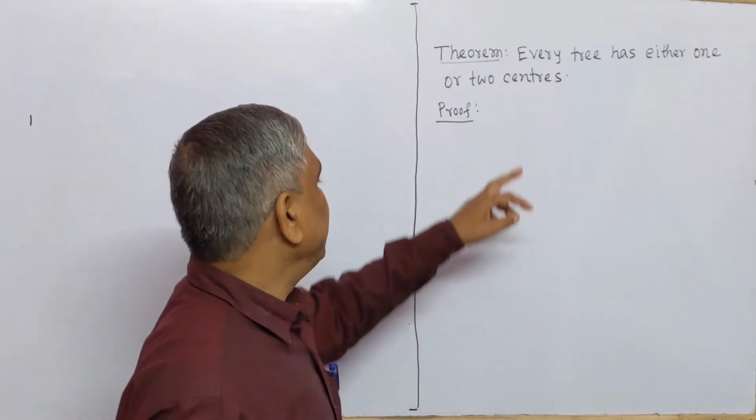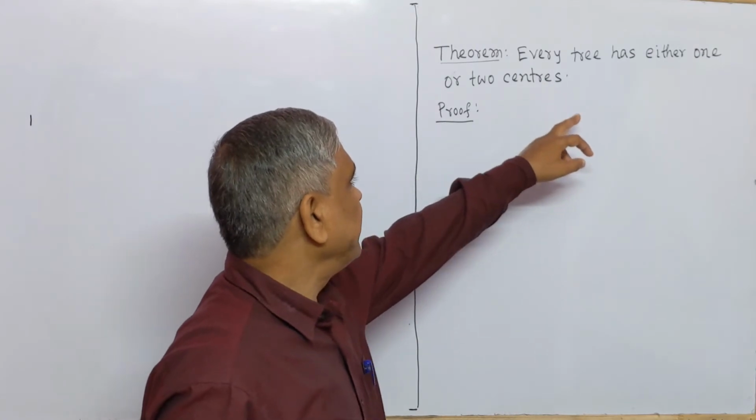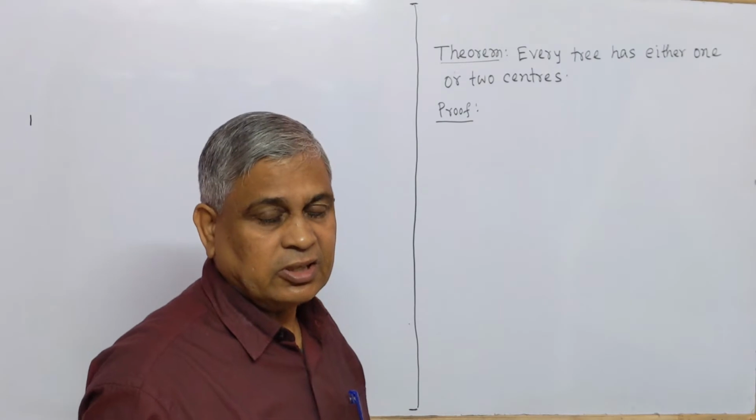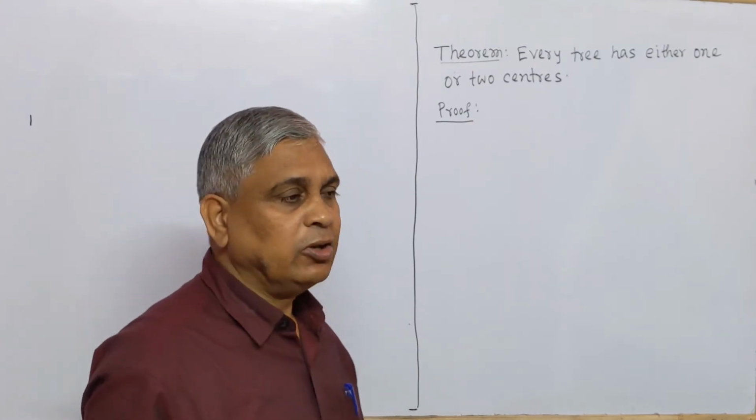Now we prove a theorem. Every tree has either one or two centers. Now we prove this.